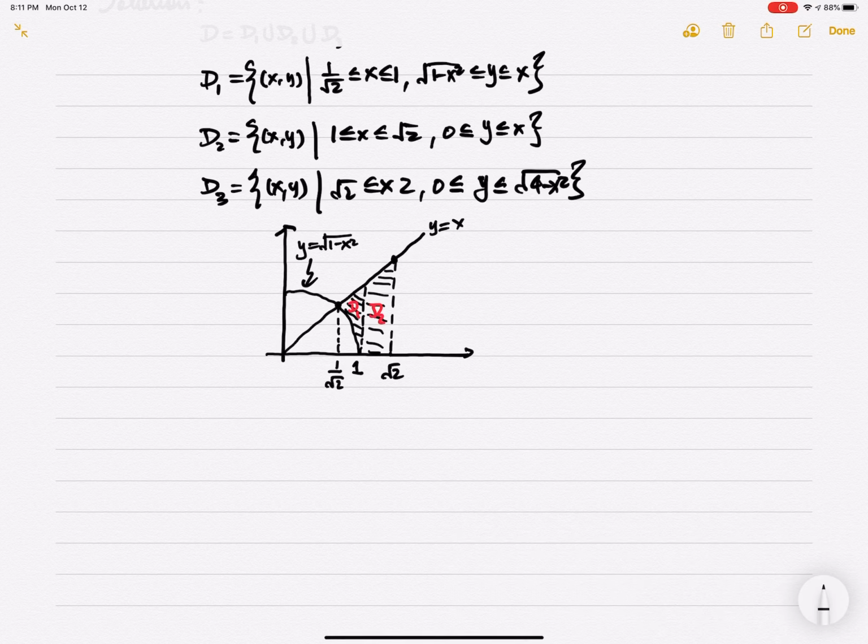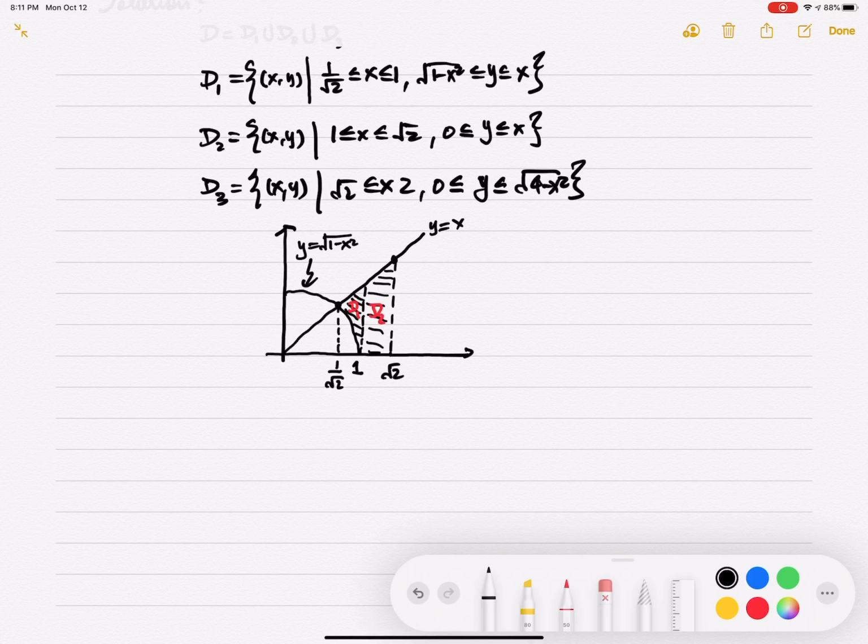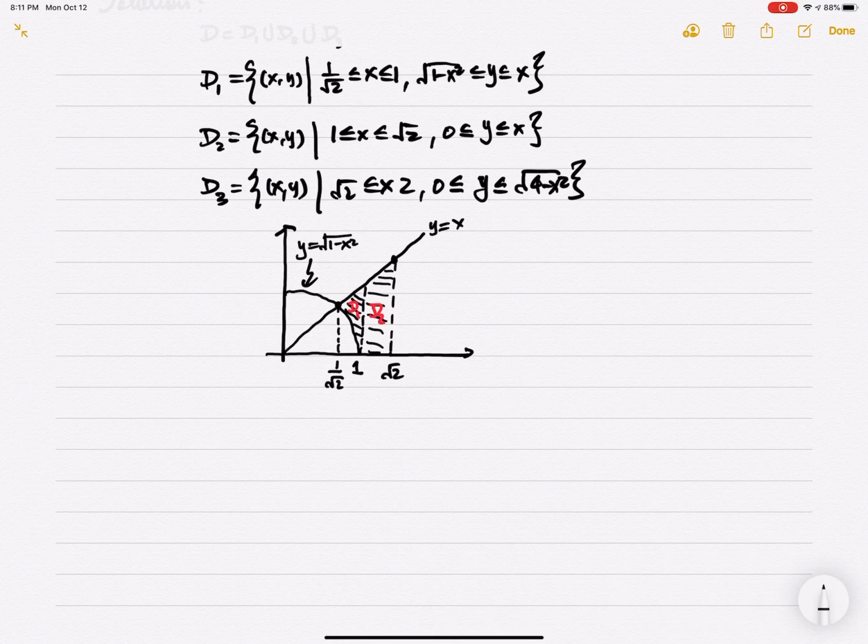Now, let me draw this one. That point is on the circle x squared plus y squared equal to 2 squared.